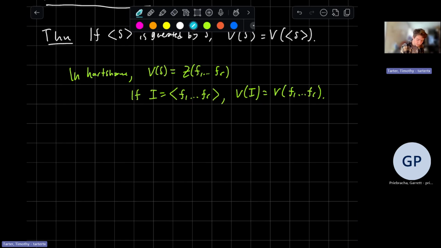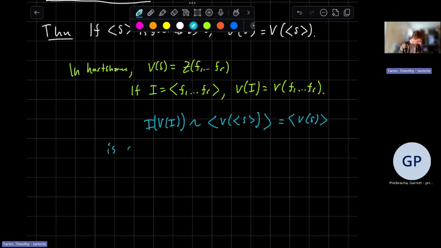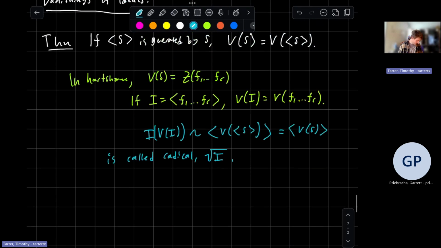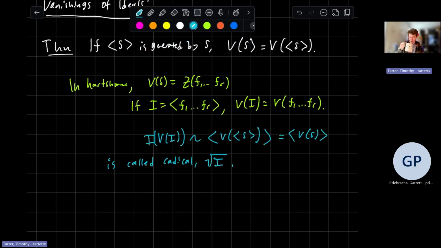And the big thing is that I(V(I)), the ideal of the variety of the ideal, is called the radical and is typically the square root of I. We proved some stuff about this in lecture 1, 25 lectures ago, which is crazy to me.